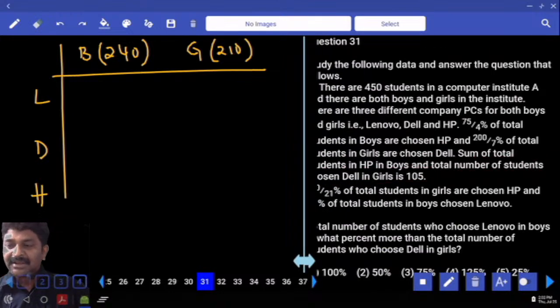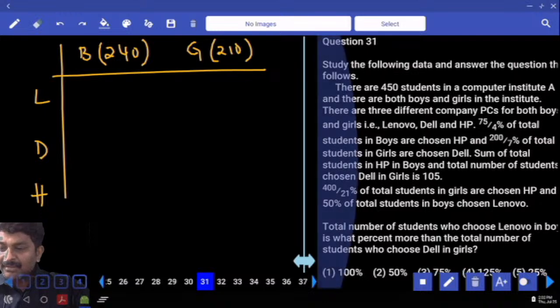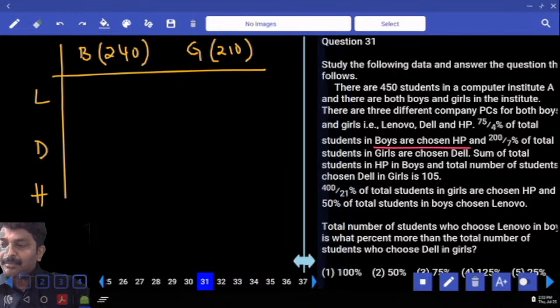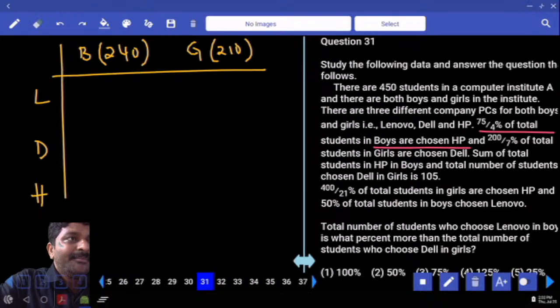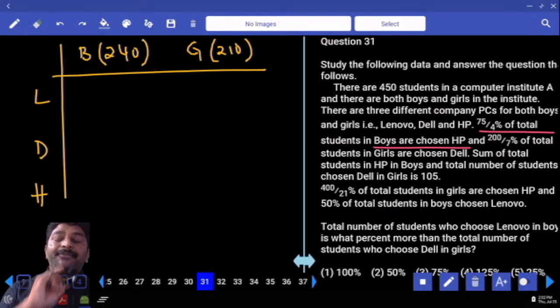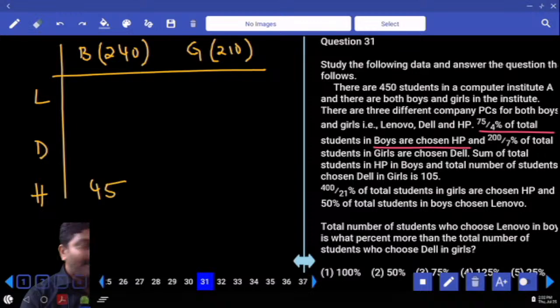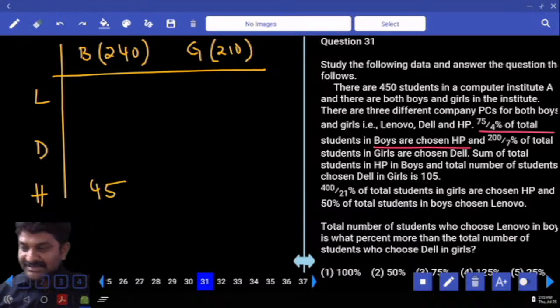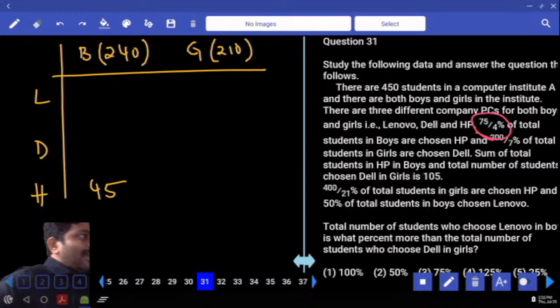Right. Now we can start from the beginning. HP boys are 75 by 4%. 75% of this number: half plus half. 120, 60, 180. Divided by 4, 180 by 4 is 45. 75 by 4%: first calculate the numerator 75%, then divide by 4.